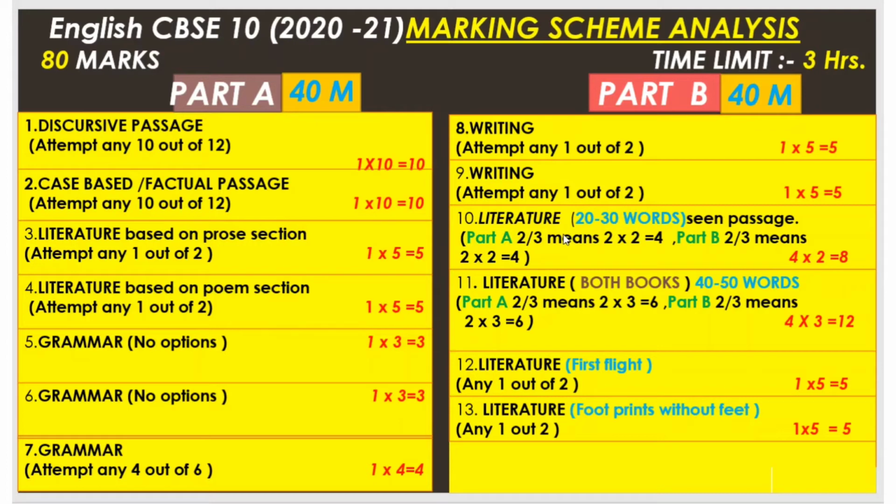In your sample question paper, there is a question: write a letter to the SHO, or you can write a letter on delivery of books. So any one you have to write. Similarly, in your paper also, you may be getting any 2 topics on a formal letter, and you have to write on any one, and you can get 5 marks.